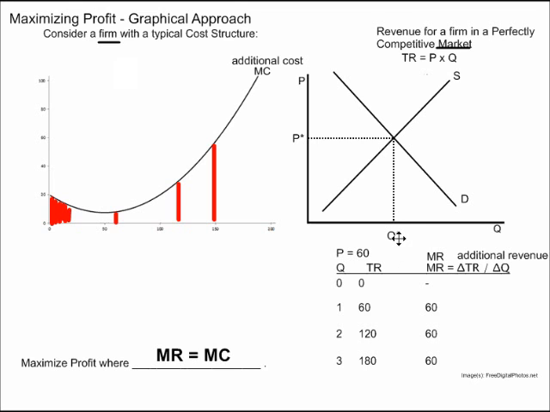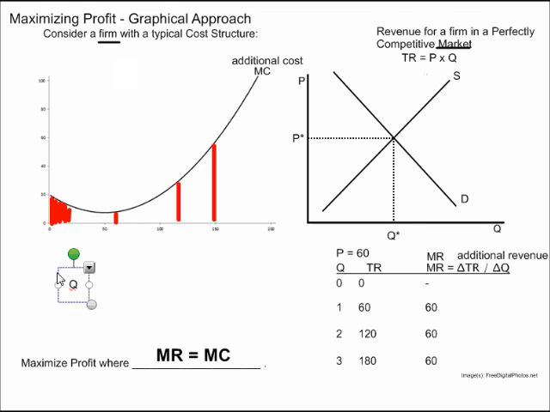That's different from when we ask, how should an individual firm that operates in this market behave? On the left, when we were talking about this marginal cost curve, we want to think about this as the cost for a given firm of producing each of their additional units.